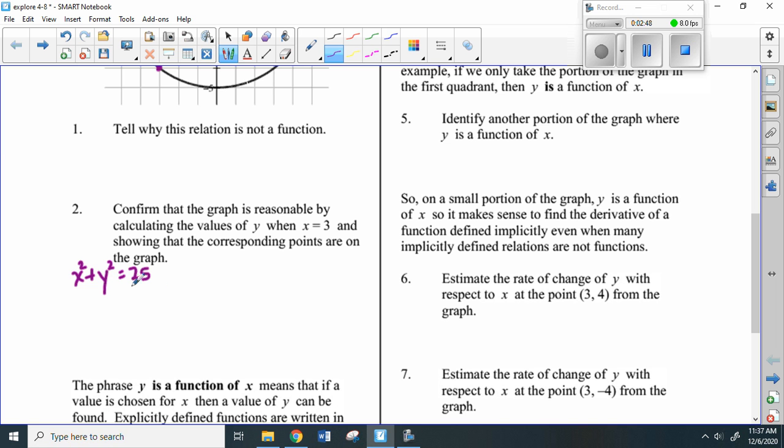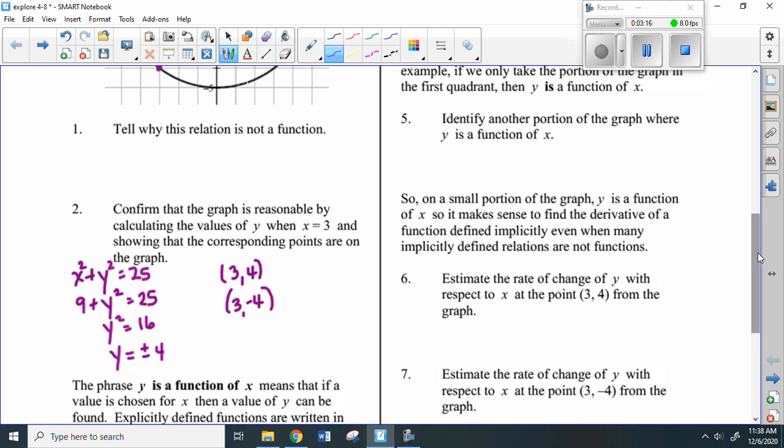Just figure out what you get when you plug in 3 for x. So we're going to square our 3, and we're going to solve for y. Okay, and so when we subtract 9, we get 16, and when you take the square root, remember you get plus and minus 4. So the x value of 3 gives me 2 different y values.